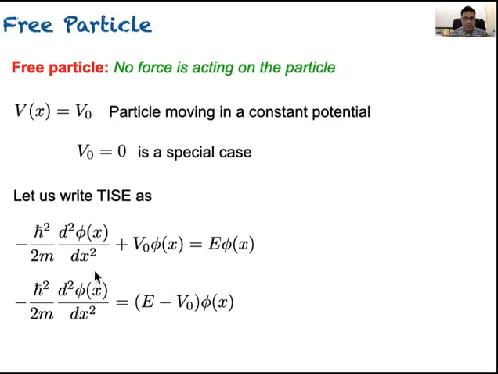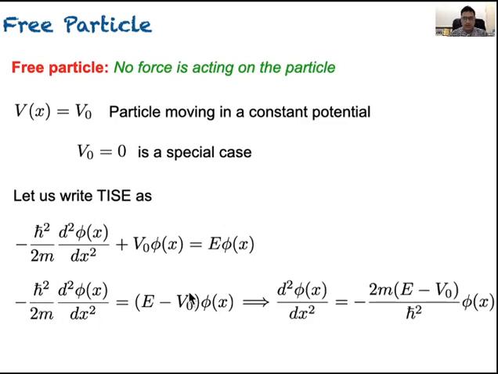Now I can take the prefactor minus h cross square over 2m from this side to this side. So d2φ(x)/dx2 is written as minus 2m times (E minus V naught) over h cross square times φ(x). Now, just for simplification, I can coin a new variable for this big expression.